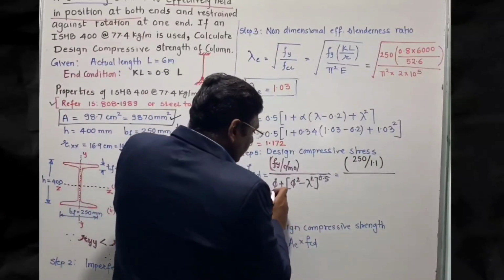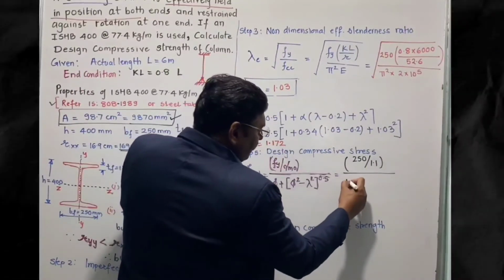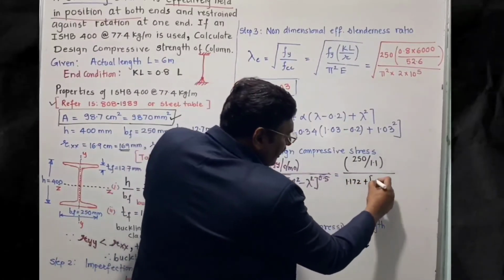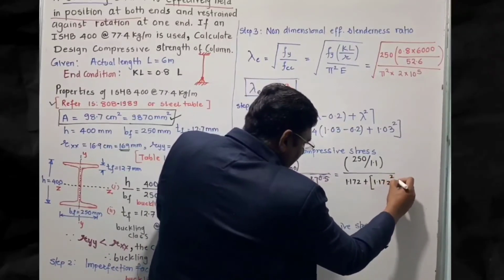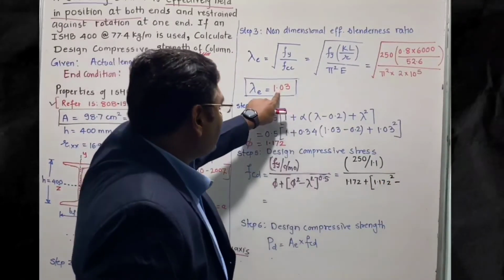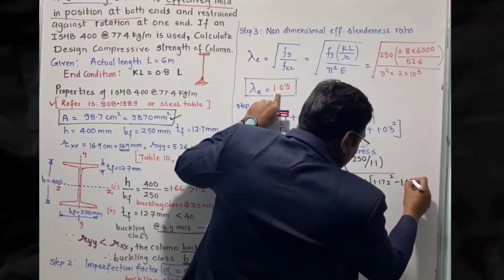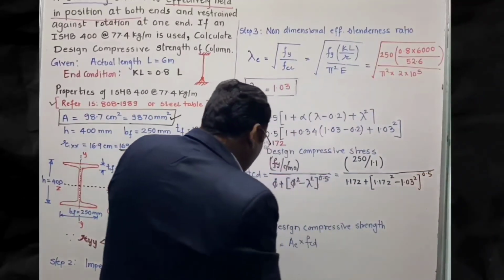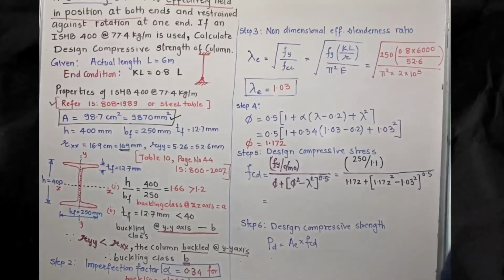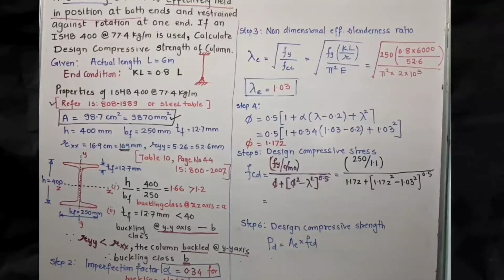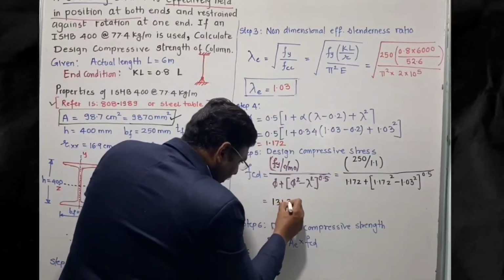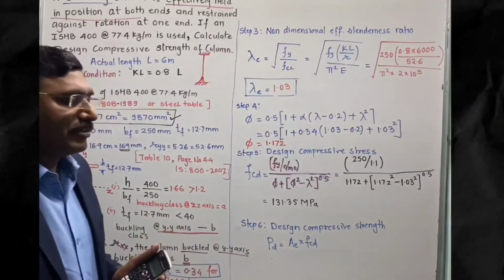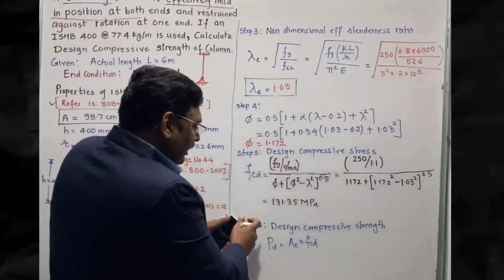Then phi, which we have calculated, 1.172, plus in bracket phi, 1.172 its square, minus lambda, which is calculated 1.03, its square, to the power 0.5. By calculating all this, we get the value of FCD equal to 131.35 MPa.